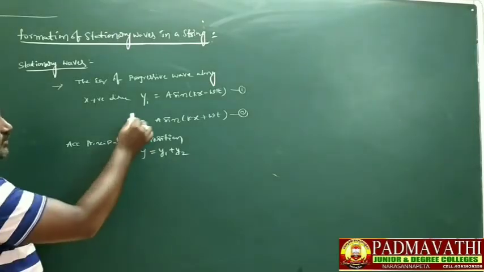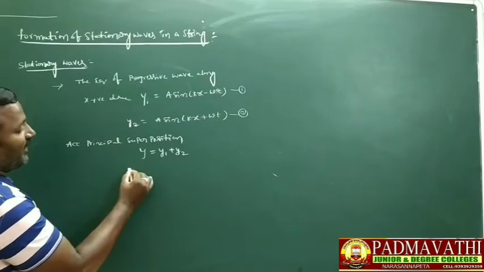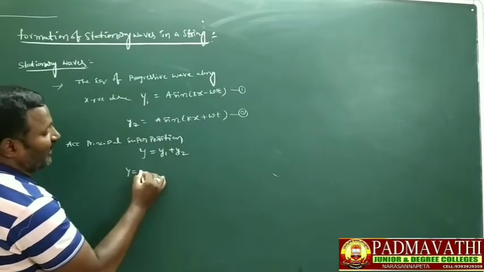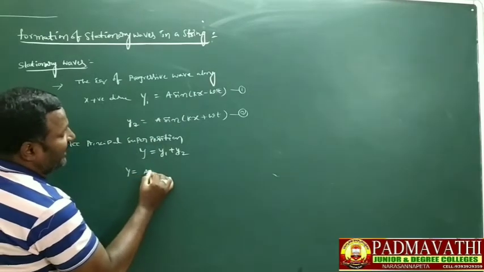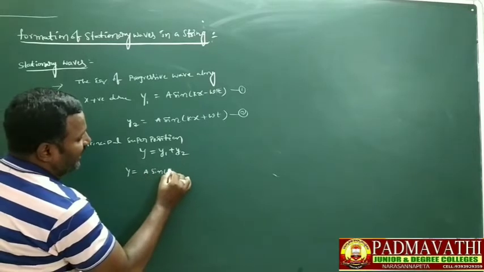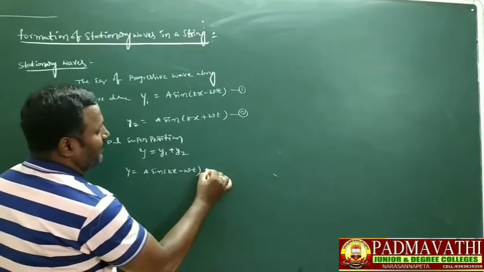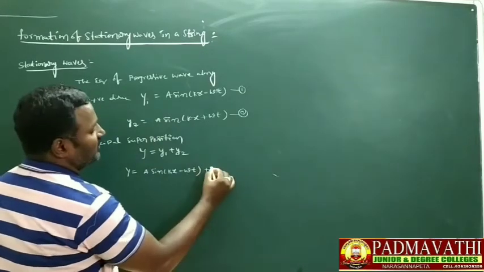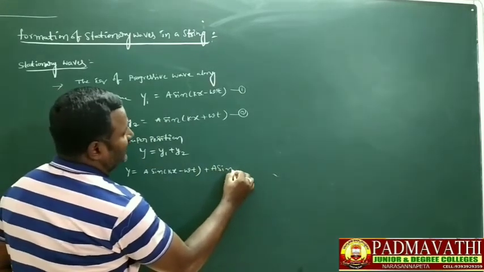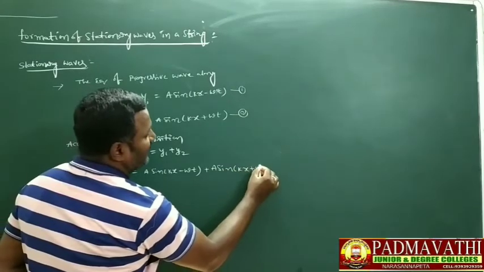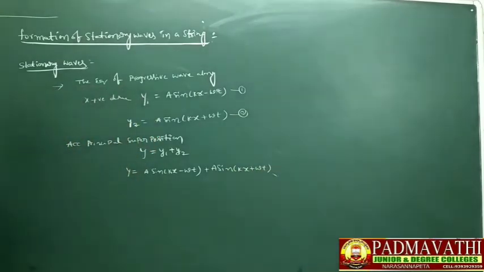Here y is the resultant displacement, y1 is the displacement of one progressive wave and y2 is the displacement of the other. So y equals a sin(kx minus omega t) plus a sin(kx plus omega t).